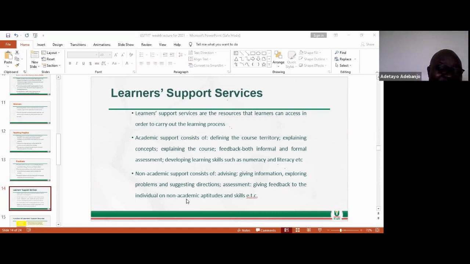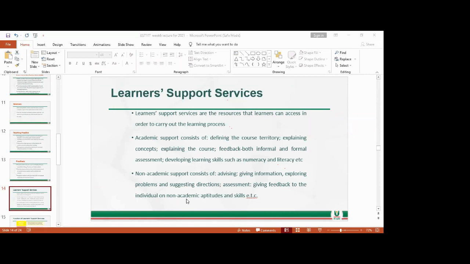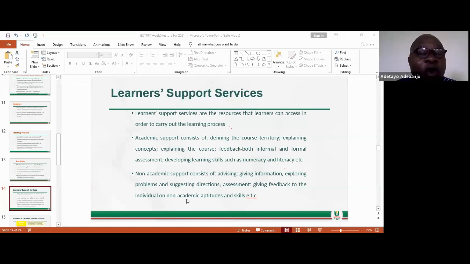From day one, from registration to the day you graduate, you are going to sort it out here. And that is why this course is compulsory for everyone, irrespective of your level. Even at postgraduate level, we are doing it.